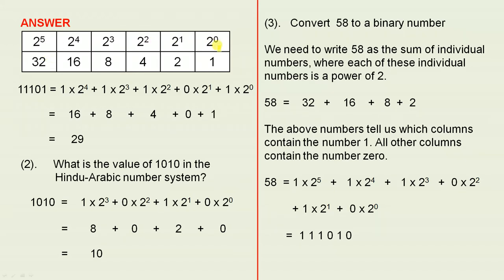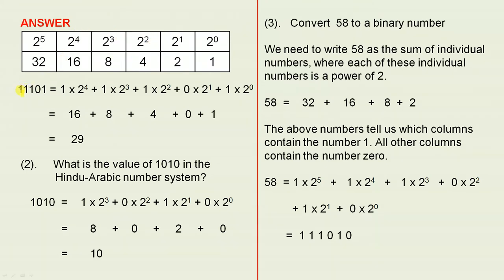Now I've repeated the table for ease of reference, and these are the values in each column. Now here we have 5 digits. They're either ones or zeros because it's the binary system. Now because there are 5 digits, this is how we do it. 1, 2, 3, 4, 5.